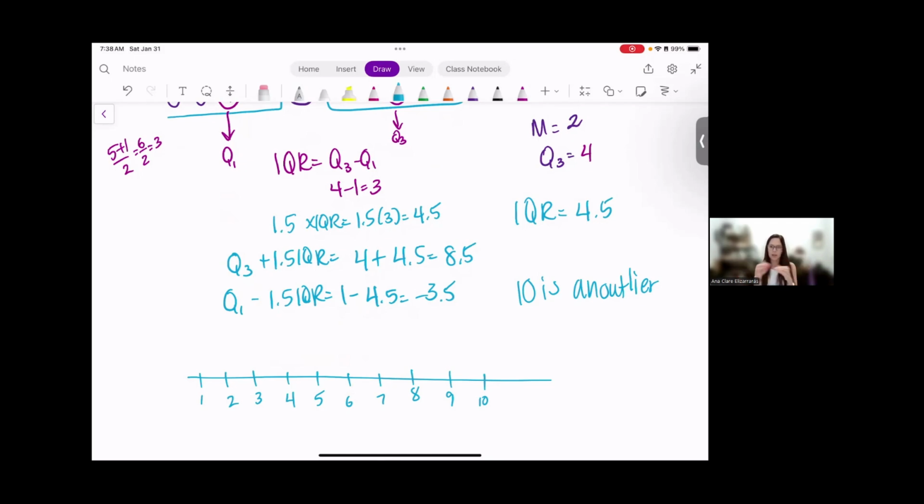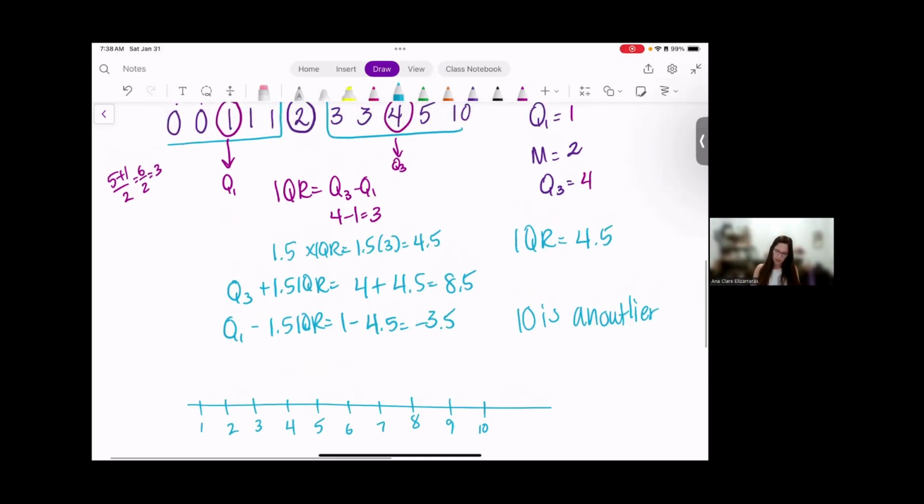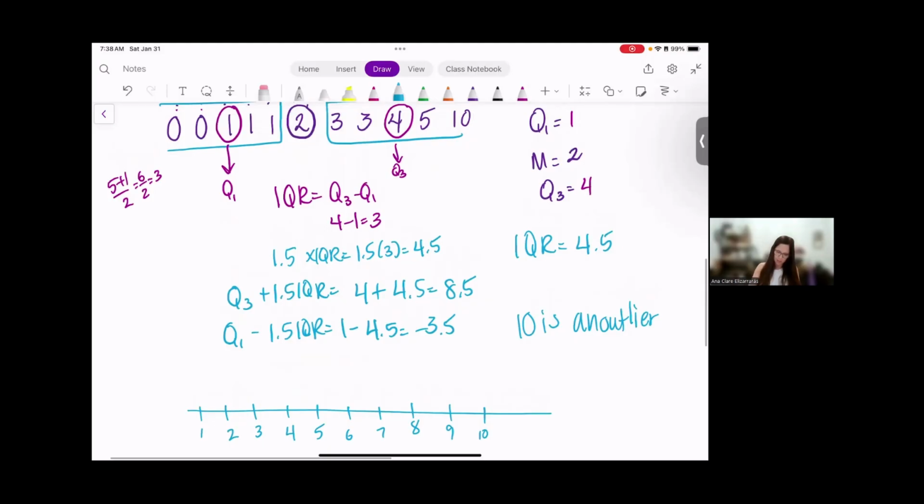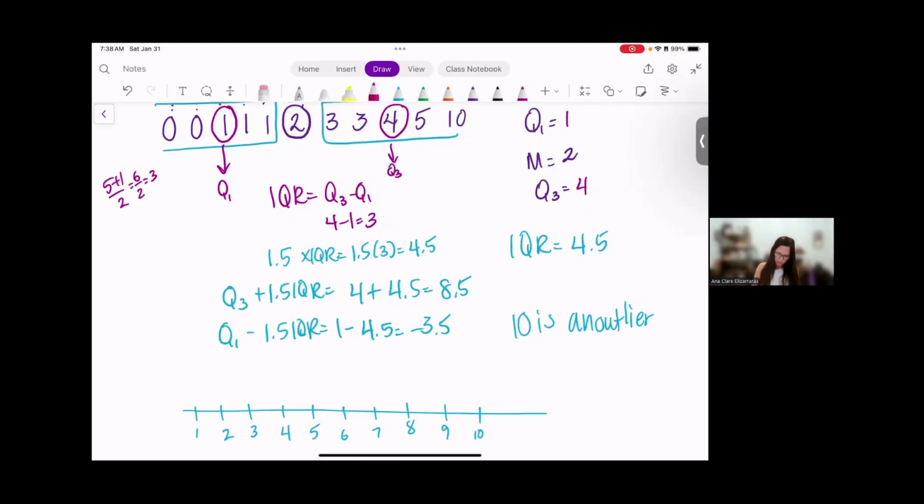A skeletal box plot just does whiskers and does not indicate outliers. So a skeletal box plot would have the minimum of 0, the first quartile of 1, the median of 2, the upper quartile of 4, and the maximum of 10.